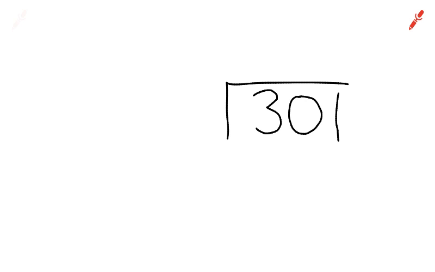You're going to divide 301 by the 43. And you got to figure out how many hours that will be. I'm going to let you guys do the rest on your own.